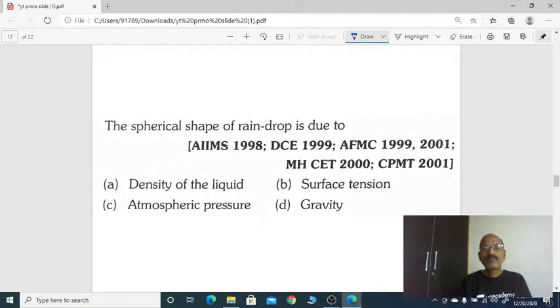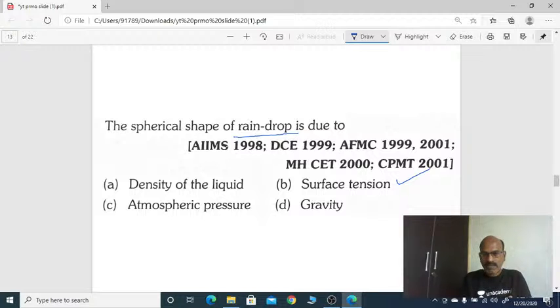Here it is. The spherical shape of a raindrop is due to surface tension. We know why raindrops are spherical in shape. In order to attain the minimum surface area, due to surface tension, raindrops always form this way.